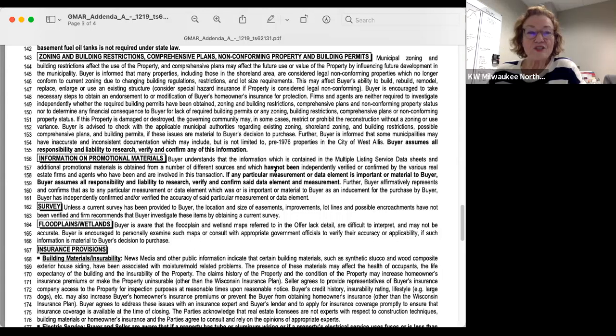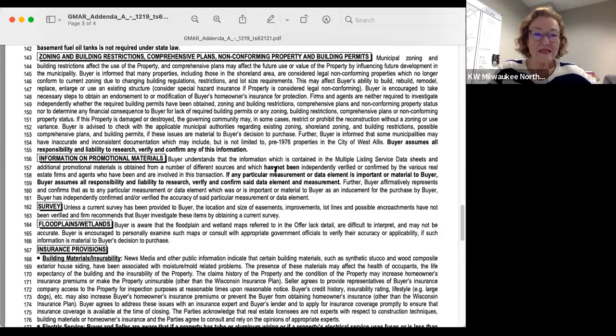Buyer is encouraged to take necessary steps to obtain an endorsement or modification of buyer's homeowner's insurance for protection. Firms and agents are neither required to investigate nor to determine any financial consequence to the buyer for lack of required building permits or any zoning, building restrictions, comprehensive plans, or non-conforming property status.